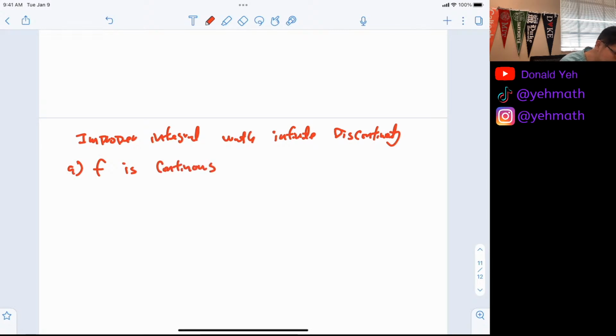If f is continuous, now pay attention to the things between a to b, with a parenthesis. Obviously b is not continuous, that's why they use a parenthesis right here.